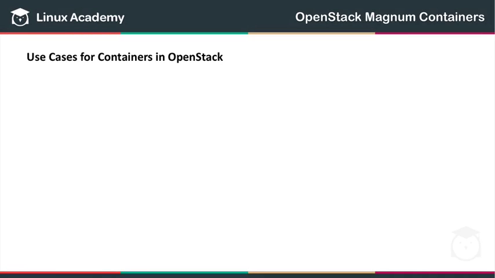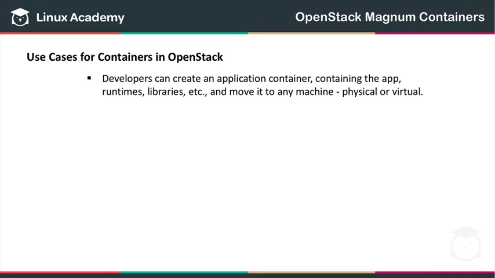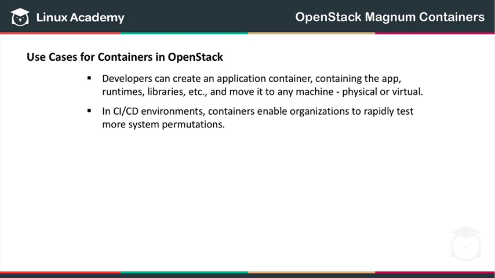Use cases for containers in OpenStack. Developers can create an application container containing the app, runtimes, libraries, etc., and move it to any machine, physical or virtual. In CI/CD environments, containers enable organizations to rapidly test more system permutations.